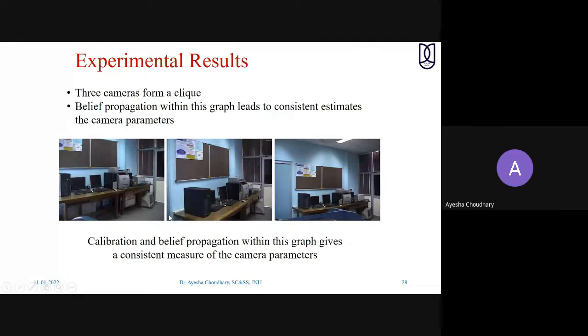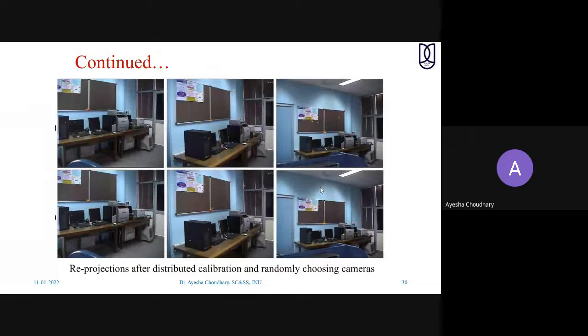So belief propagation within a graph leads to consistent estimates of the camera parameters, and then as we move on, we see the reprojections after distributed calibration. If you see all these yellow points and the red point, they are falling together.